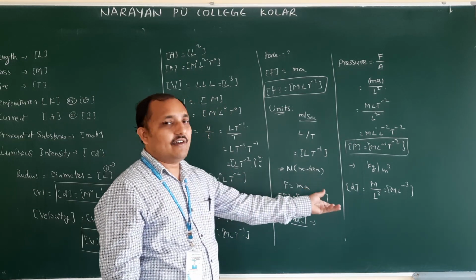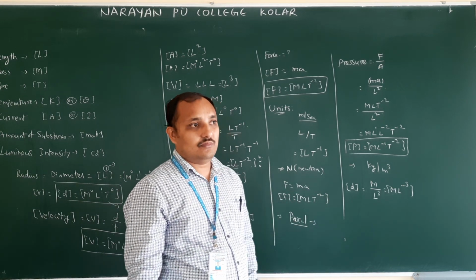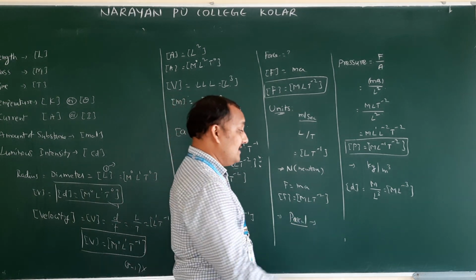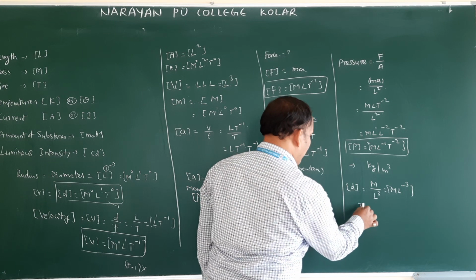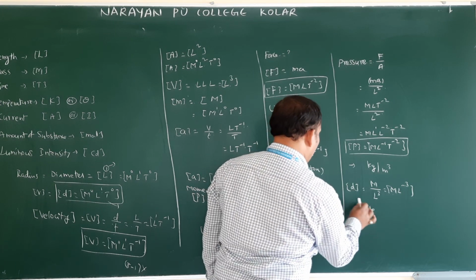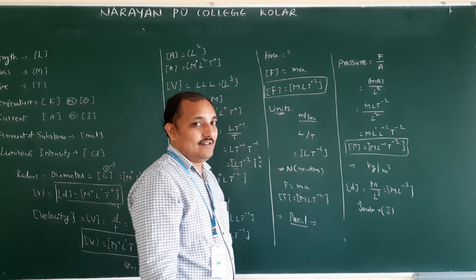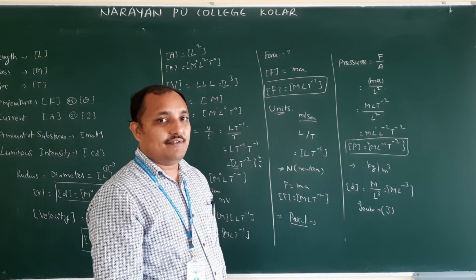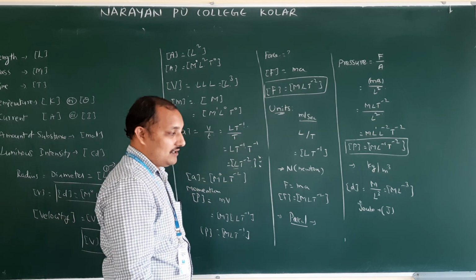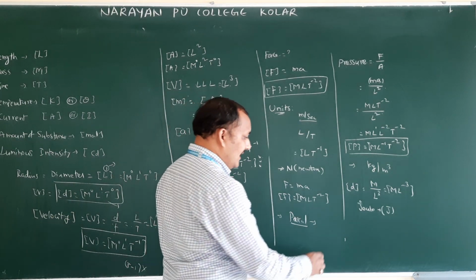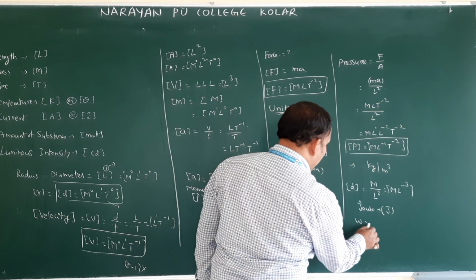Next, you might have heard of joule. Write the dimension formula for joule. Joule or erg, there is. Joule is the unit of which one? Energy or work, isn't it? Energy or work, what is the equation?